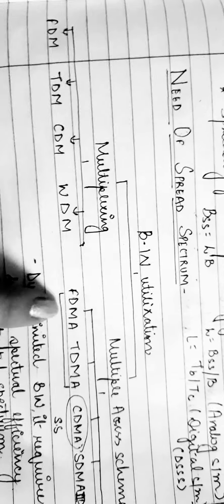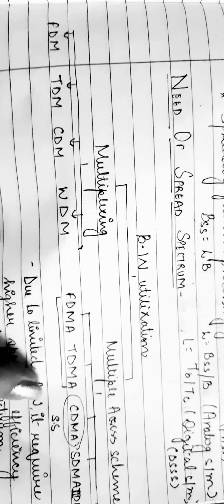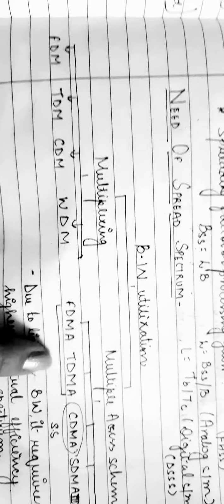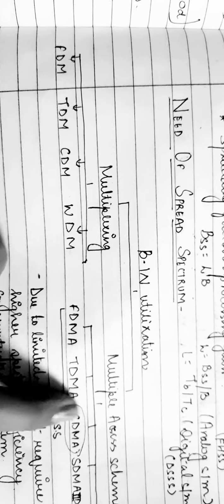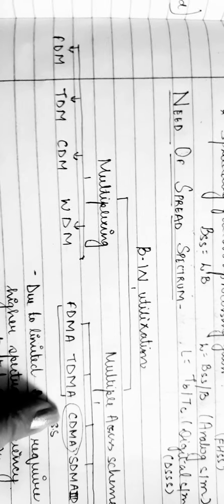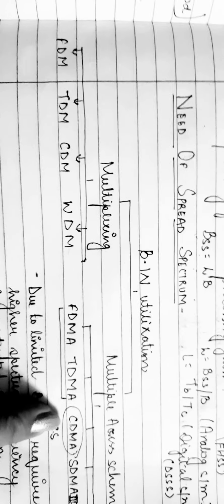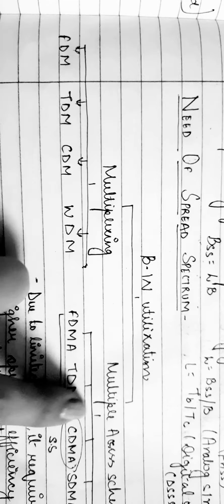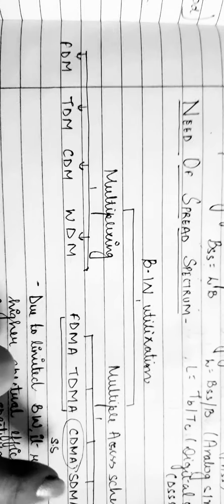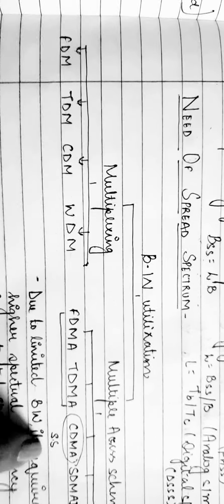Here FDMA and TDMA are the most popular methods being used, but in spread spectrum we only consider CDMA. There were some limitations in FDMA and TDMA, so to overcome that we use the CDMA scheme in spread spectrum.